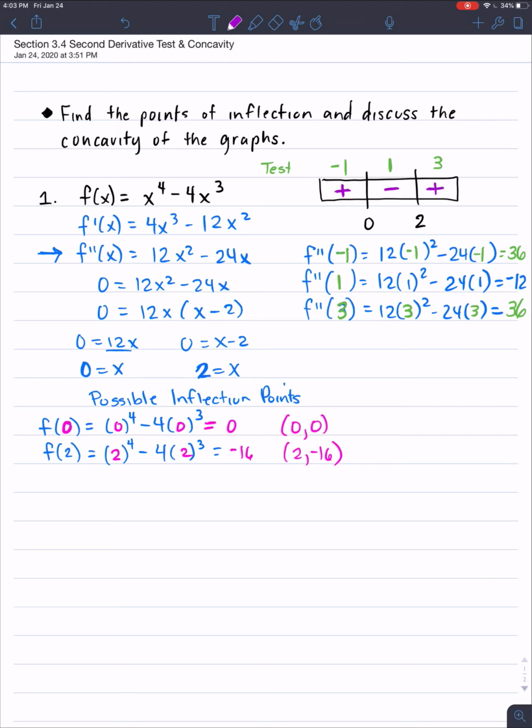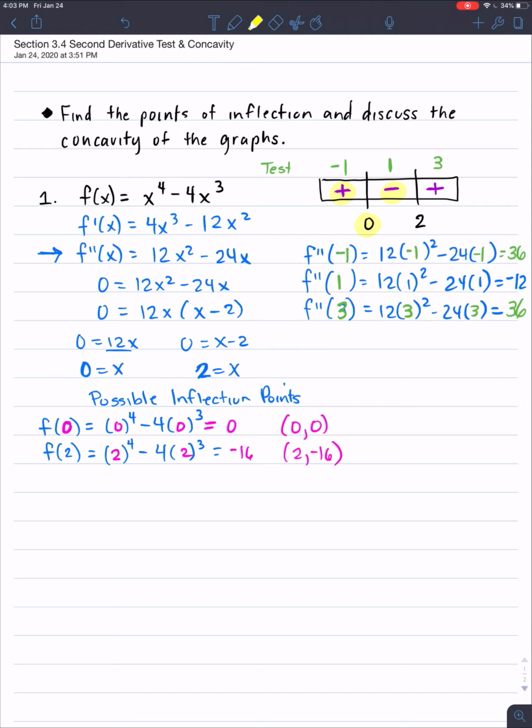And now what we look to see is, does it change from positive to negative or negative to positive? Since this goes from a positive value to a negative value, then we know that's an inflection point.